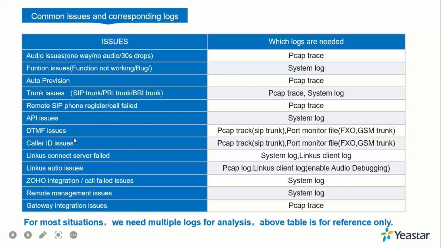That is the same for a caller ID issue. For Linkus audio issues, you need to get the PCAP log on the PBX or on your Linkus PC, and you also have to get the Linkus client log on your mobile. So as I say, in most situations, we need multiple logs for analysis.